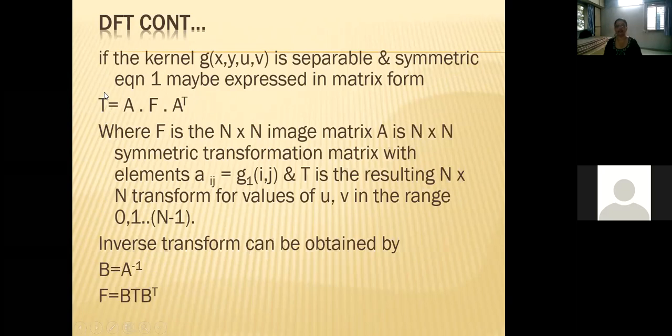Here capital T represents a matrix of size n by n. This matrix T is obtained by A into F into A transpose, where A is nothing but your forward transformation kernel, or the DFT coefficient matrix.